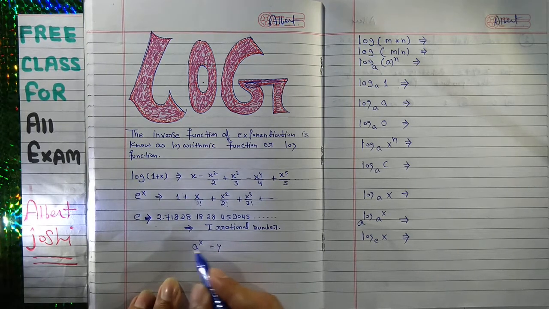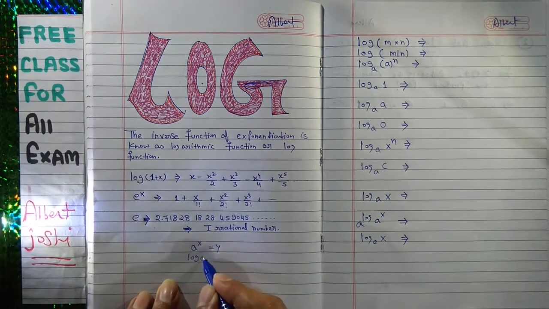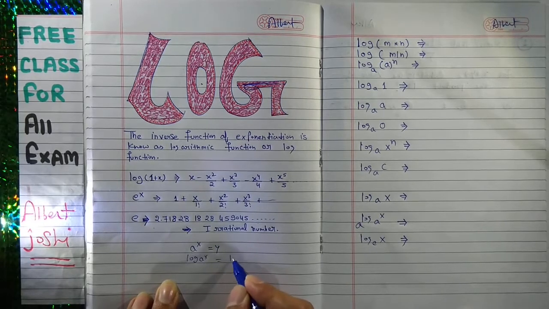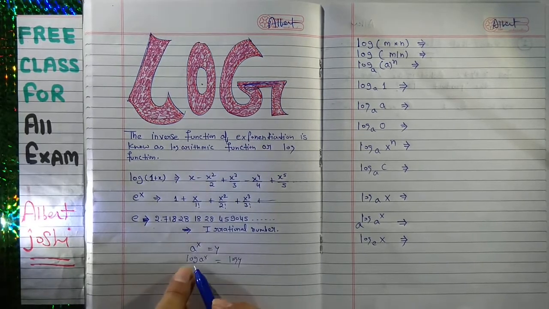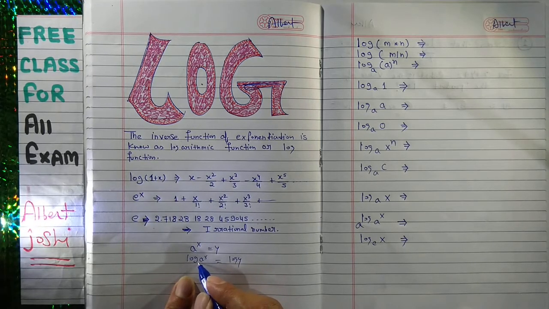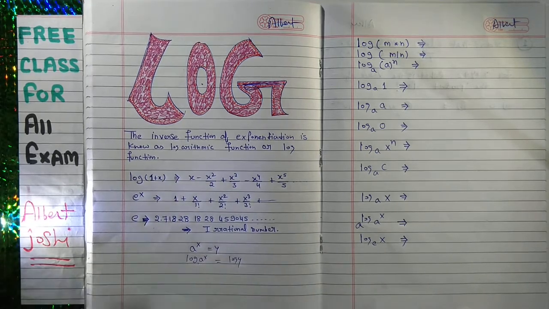In this condition, whenever there is a power, we will take log both sides: x log a is equal to log y. This log also works on a base. What is the base? The log base. We don't know, we have to put the base of the log.